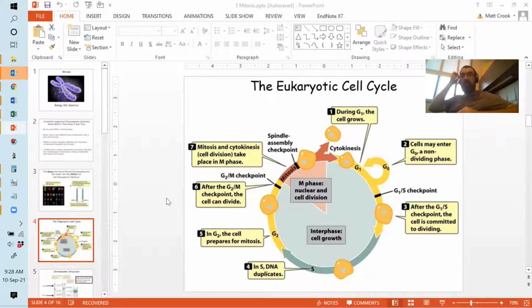Now, here's another real-life context type question. Does anybody know what these two genes are associated with?